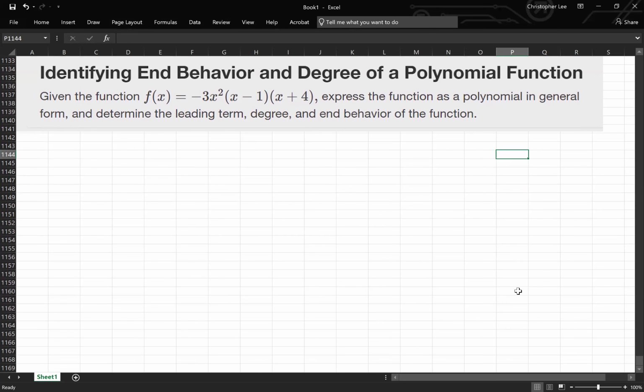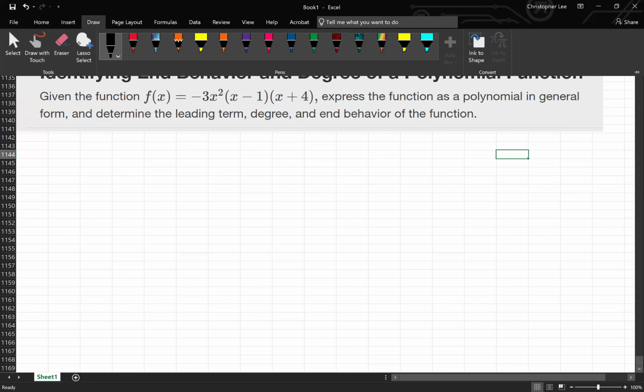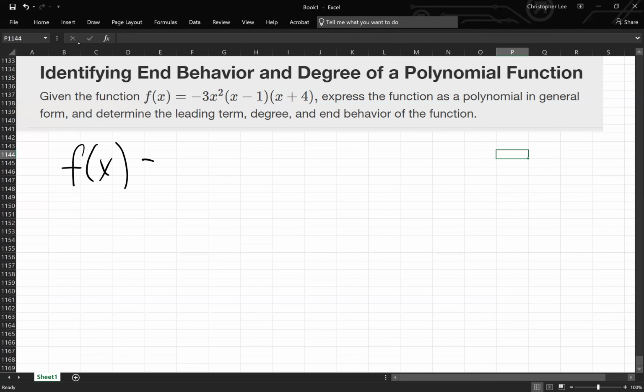What would the leading term be? We might actually have to multiply it out to get the leading term. All right, let's do it real quick. So f of x is equal to, I would do the binomials first, right?